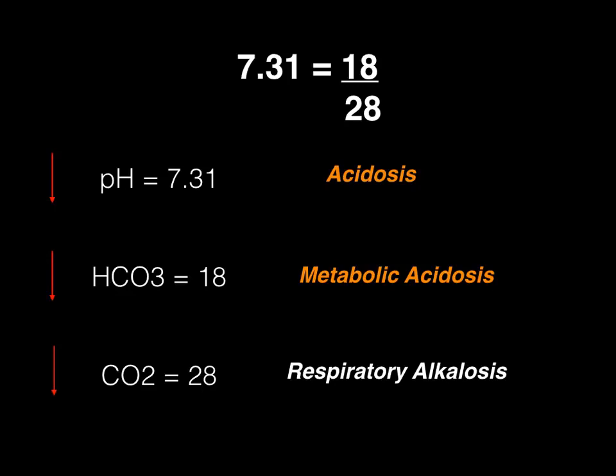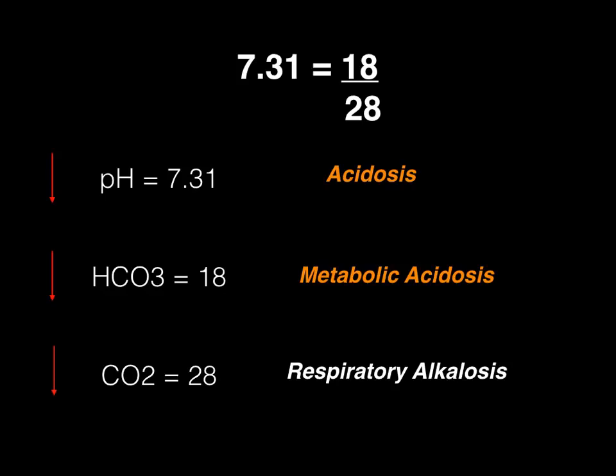And it's going to do that by using carbon dioxide. It's going to use the system opposite the system that is causing the pathology. So in this case, the pathology is caused by metabolic acidosis. That's bicarb. Your body's going to tap into its ability to control carbon dioxide and try to drive that pH back up. That's a respiratory alkalosis.